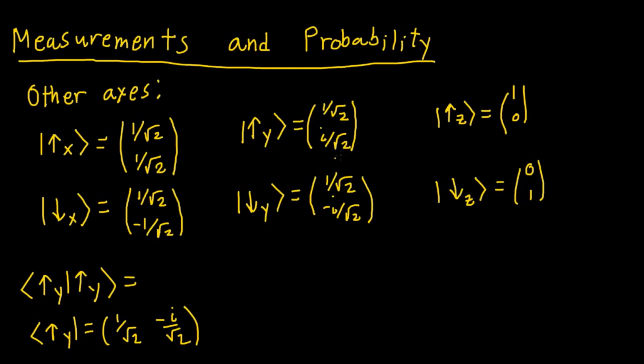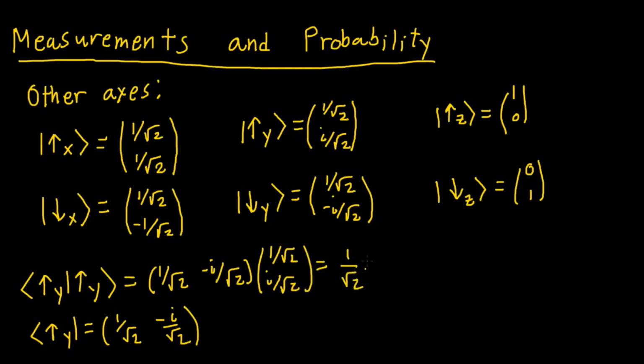You see that here the second component was i over root 2. We gotta complex conjugate it when we take the dual vector. So it becomes negative i over root 2. That's just equal to that, which is equal to that. Which is once again equal to 1/2 plus 1/2, which is equal to 1.